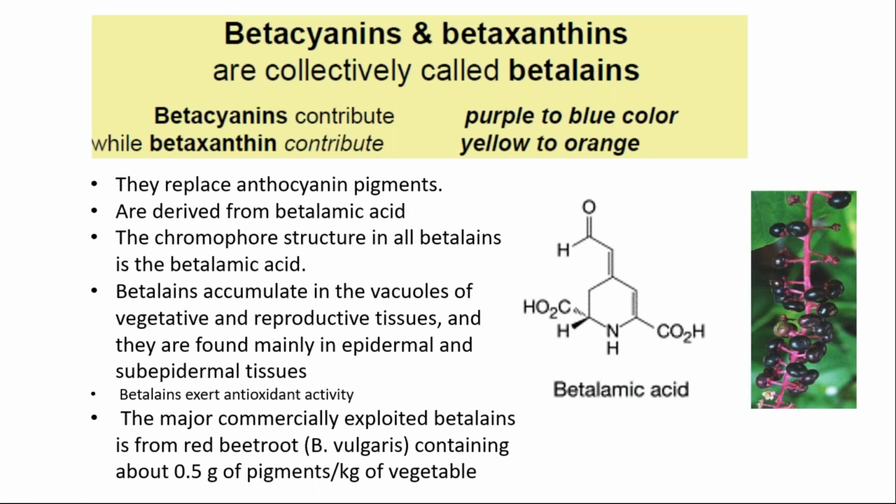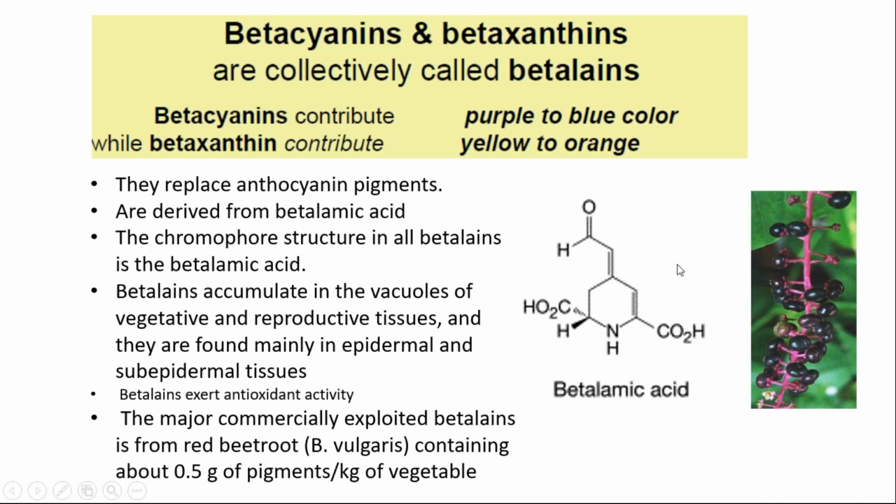Then beta-cyanins and beta-xanthins are collectively called the betalains, and these are the ones which contribute to the purple to blue color in berries, and especially in jamun. Also you have the beta-cyanins, and you also have the purple to blue color in the sugar beet. So they replace anthocyanin pigments.